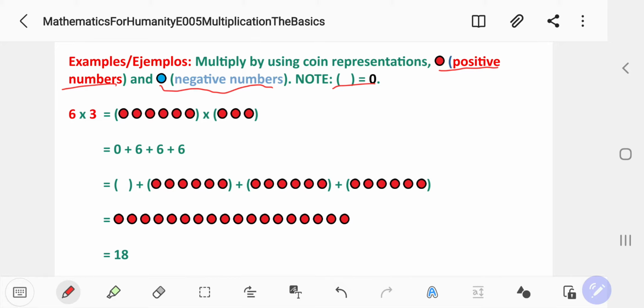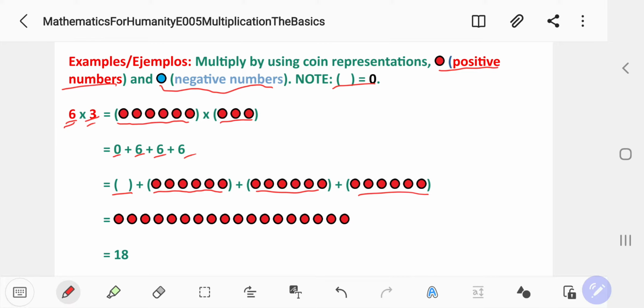So let's take a look at this. 6 times 3 is this one. I'm using the red because 6 is positive and 3 is positive. So you have 6 here and then 3 here. So 6 times 3 is just equal to 0 plus 6 plus 6 plus 6. And then you have here 0, and then the first 6, the second 6, and the third 6.